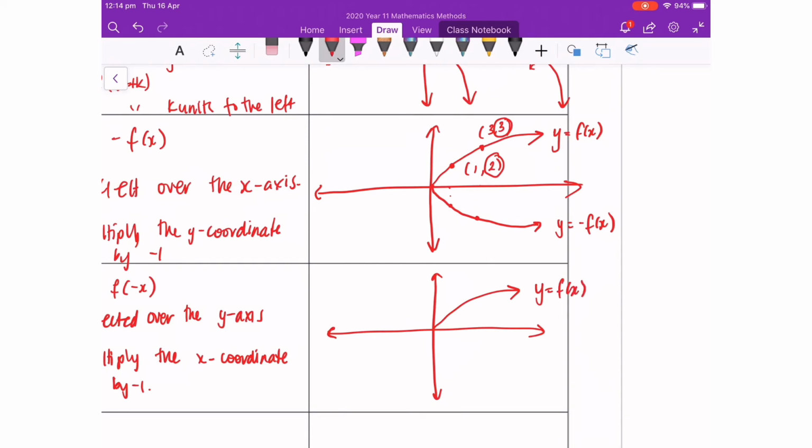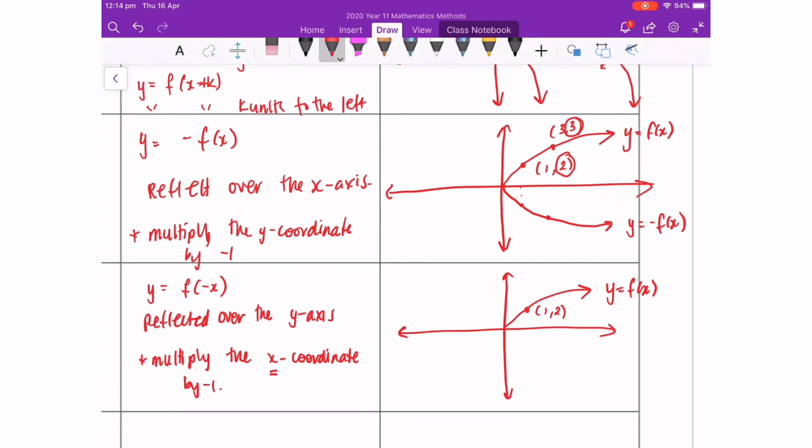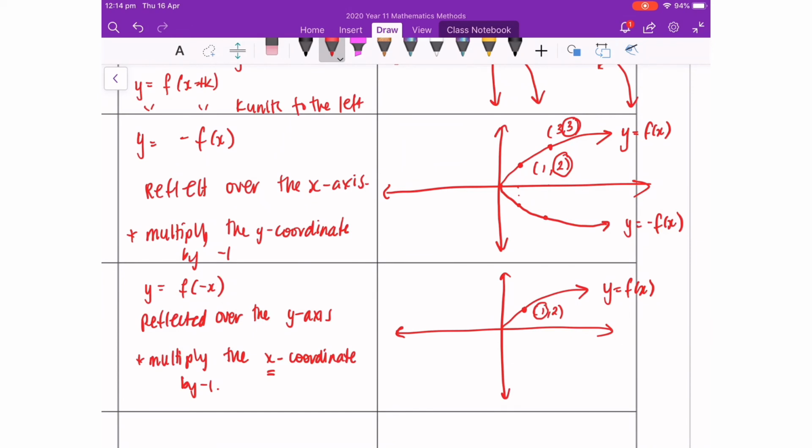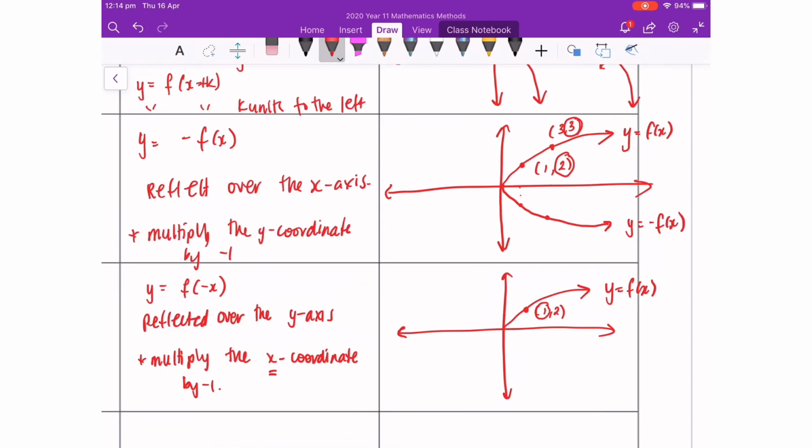Now, if I want to reflect over the y-axis, I'm going to multiply my x coordinate by -1. For example, like I mentioned before, if this is 1, 2, to reflect over the y-axis I'm going to multiply my x coordinate by -1. So I multiply this one here by -1, so it becomes -1. Instead of plotting it on this side, in this quadrant, I'm now going to plot it here.